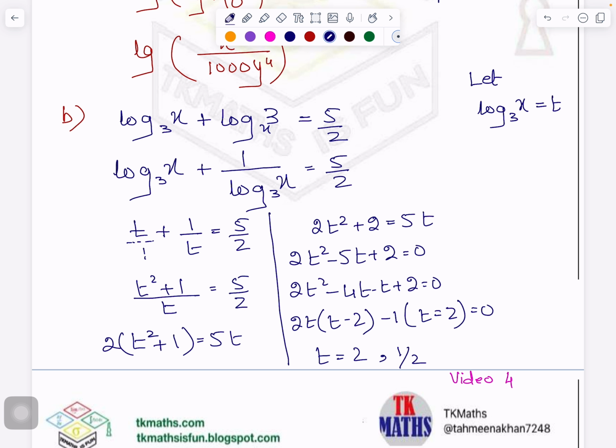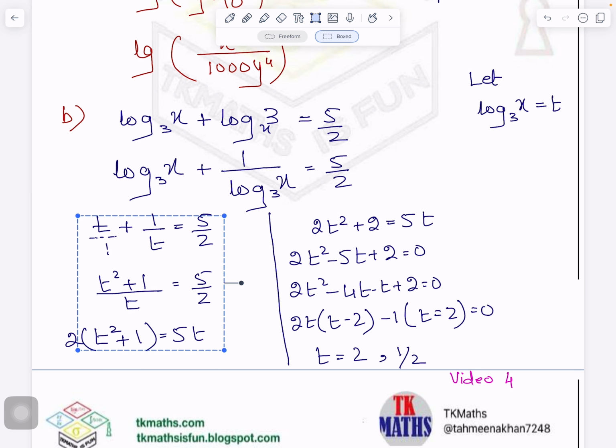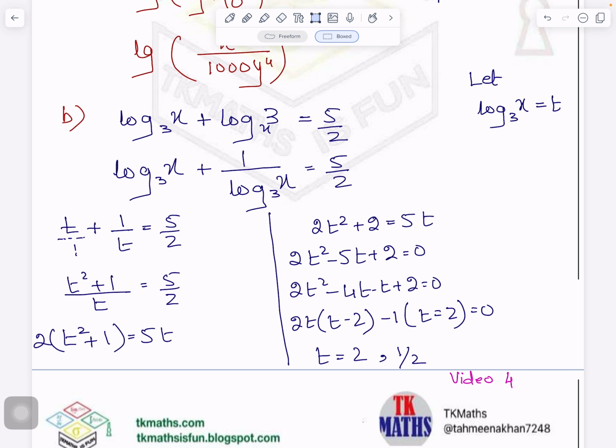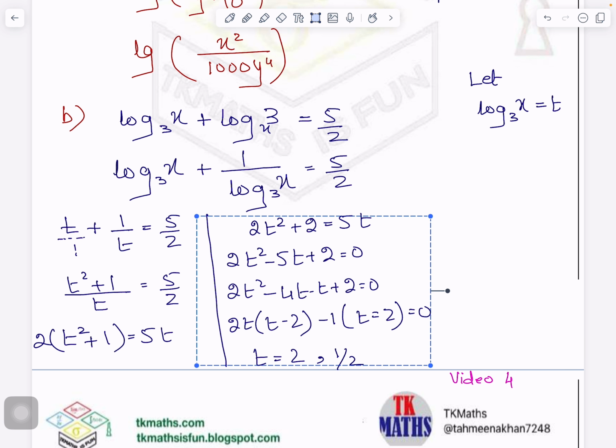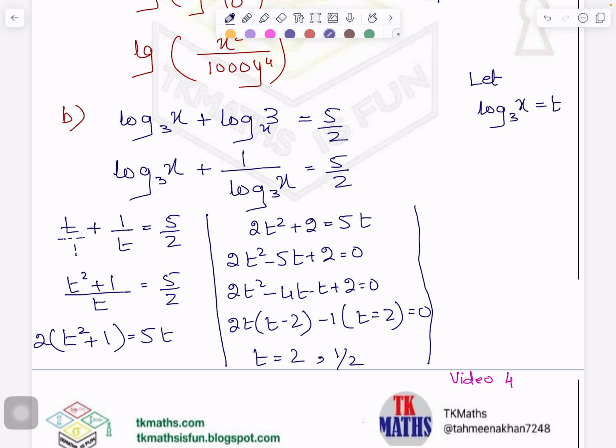So now these values you have to plug in. Okay, so now I have to find the value of x. I have found the value of t so far.